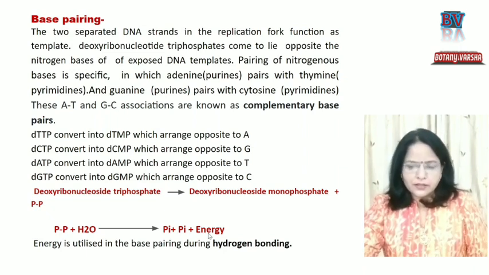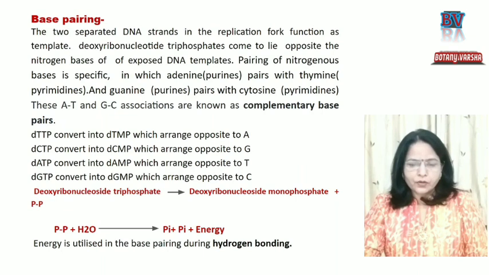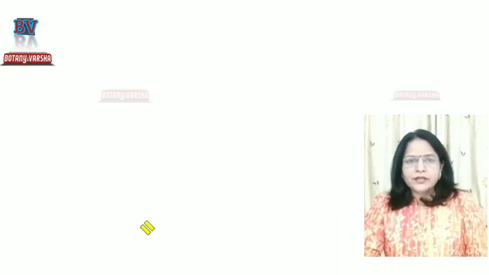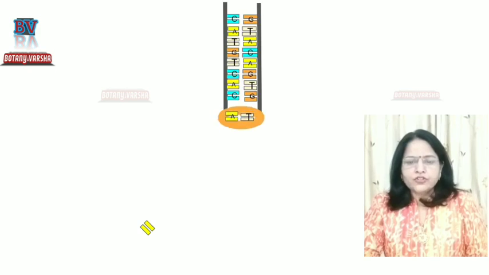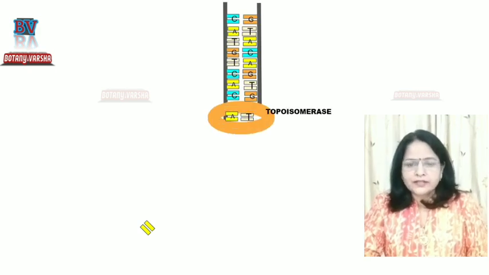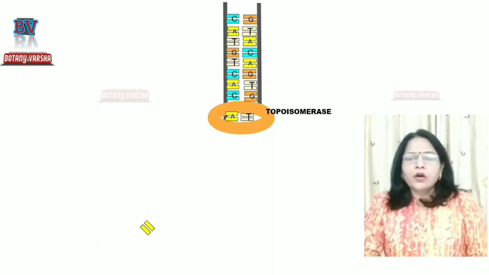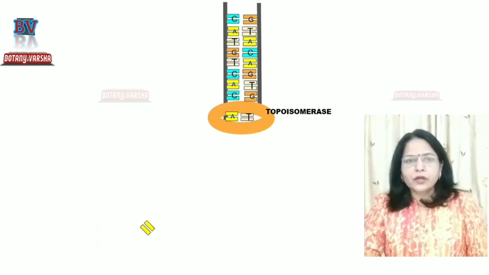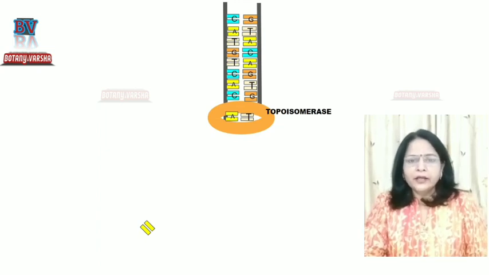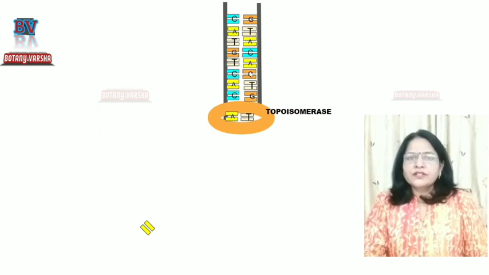The next point is this: this is a parent DNA template on which topoisomerase is attached. All the nitrogenous bases are attached, in which cytosine pairs with guanine and adenine pairs with thymine.